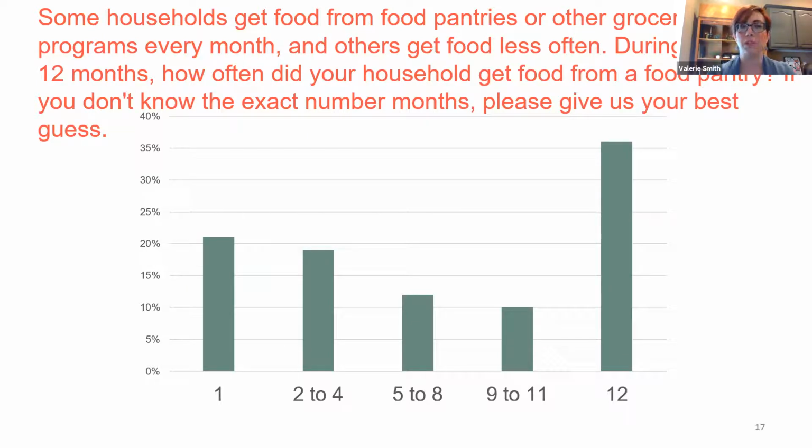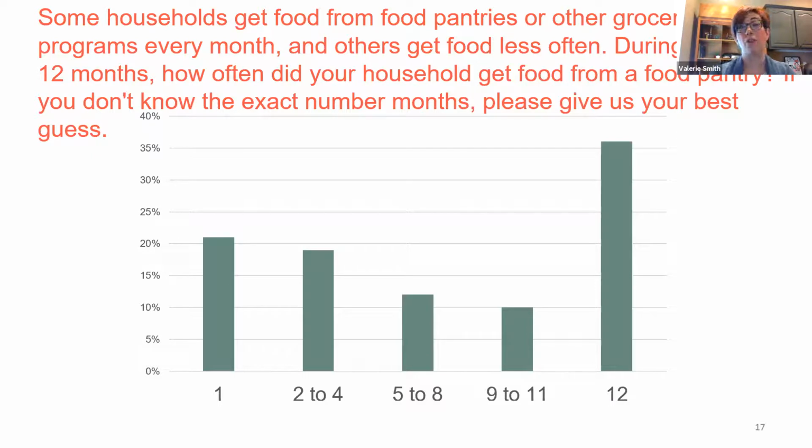And this was really interesting to me, and I think holds true for what we know generally about food insecurity, and that is that there are a lot of people, if you add up those first two categories of just needing to go 1 or 2 to 4 times during the year, almost 40% roughly of our population just occasionally needed some help from a food pantry.